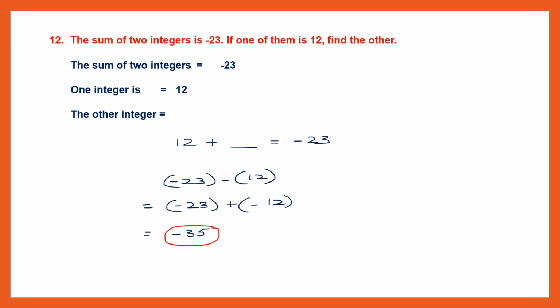That means if we put negative 35 here, are we getting negative 23 as the answer when we add up these two? When you add up these two, we put the sign of the bigger number, that is minus, and we subtract: 35 minus 12, we get 23. So this is the other integer and that is our answer. Let's write it here, negative 35.